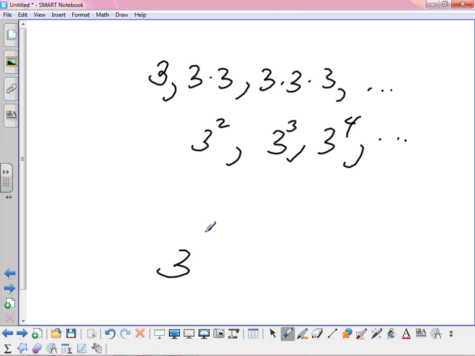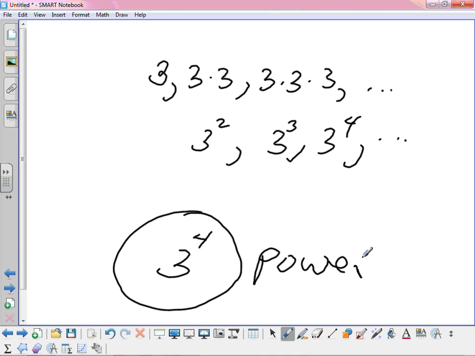And then if you write 3 to the 4th, this whole quantity technically is called a power, right? So 81 is the 4th power of 3, since that would compute to 81. And then the parts of the power would be the exponent, which is 4, and the base.